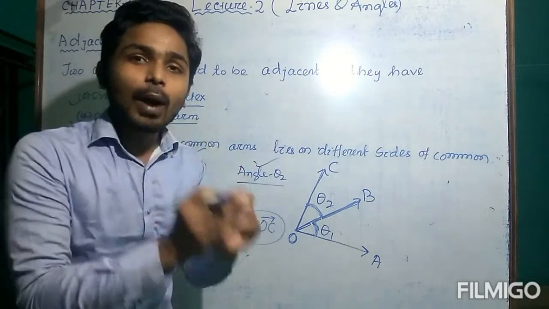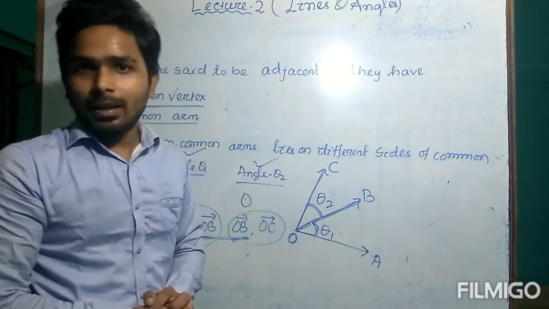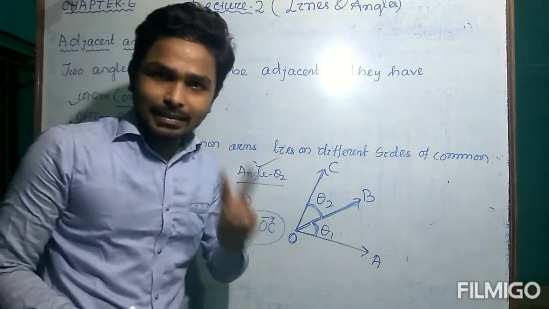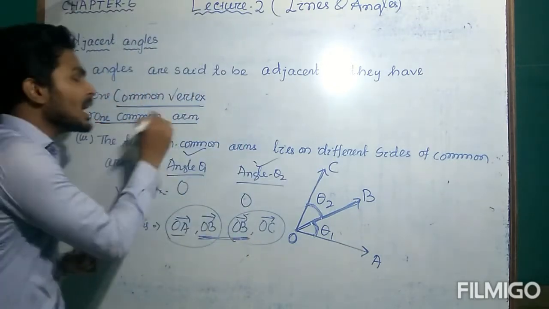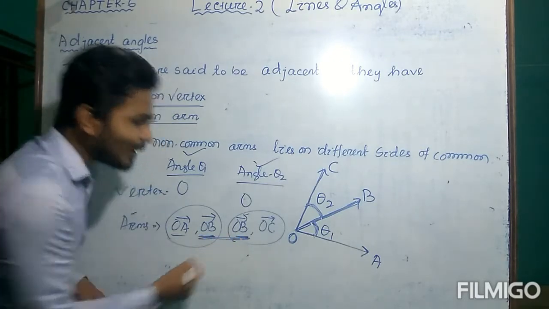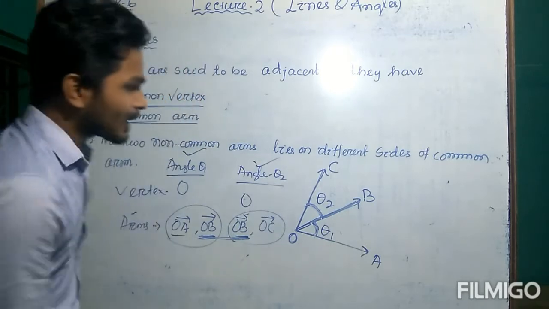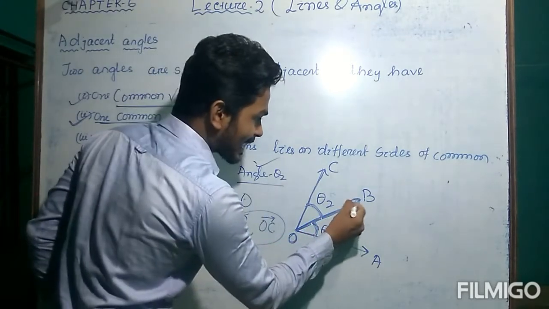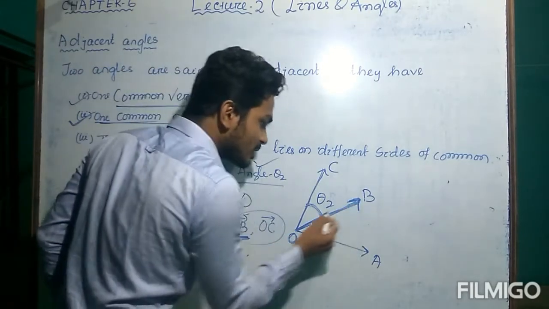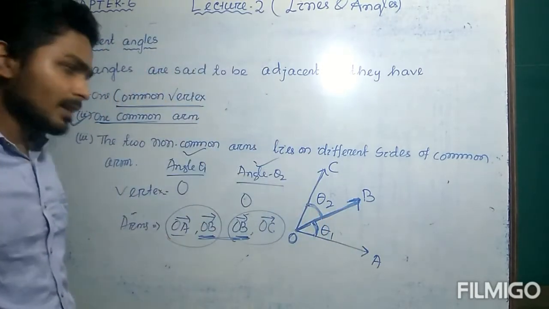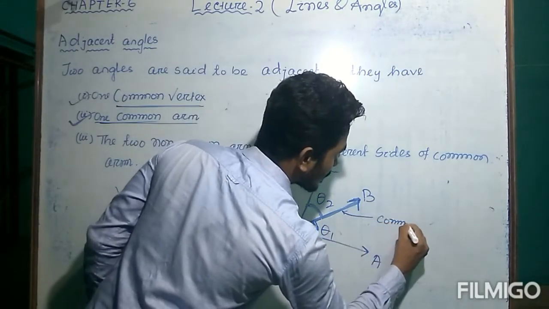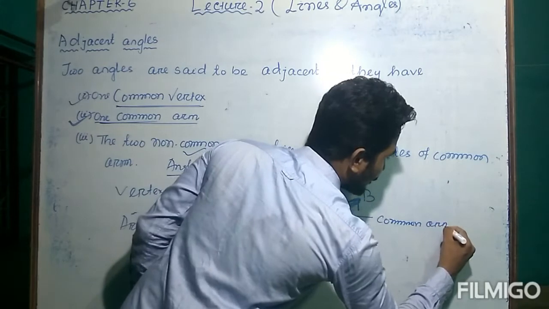That is known as one common arm. The condition says that two angles are adjacent if they have a common arm. Here the two angles have one common arm, that is OB. This ray is common to theta 1 and also common to theta 2. This is known as the common arm.